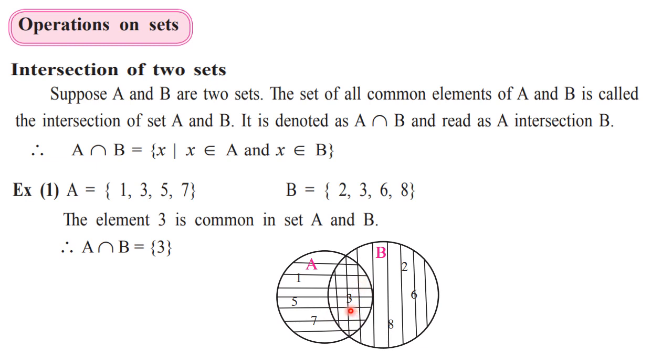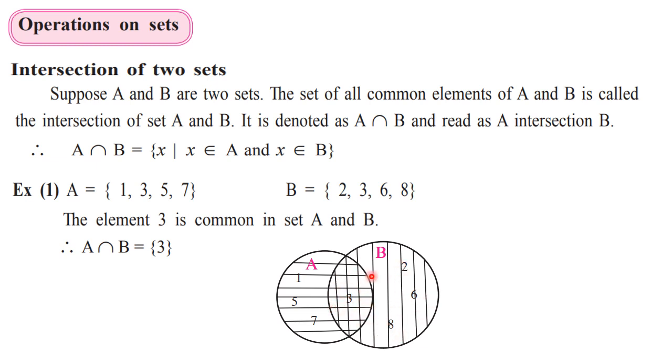Then this element 3 is written only once. Then the remaining elements of A, that means 1, 5 and 7, are written here. And the remaining elements of set B, that is 2, 6 and 8, are written here. If we consider set A, then we have all 4 elements 1, 3, 5 and 7. And if we consider set B, then we have elements 2, 3, 6 and 8.